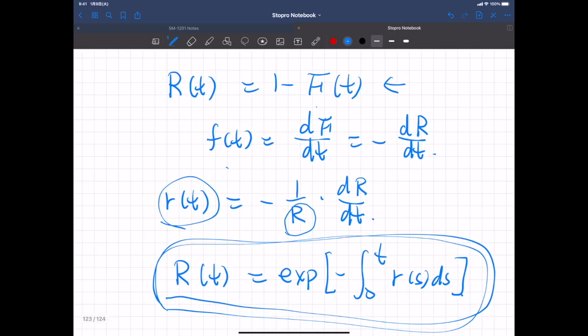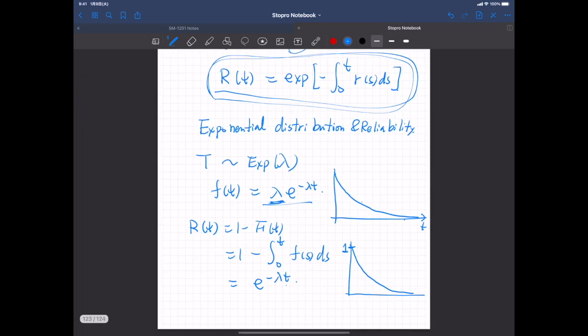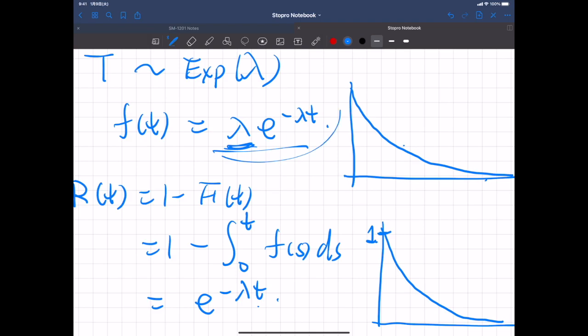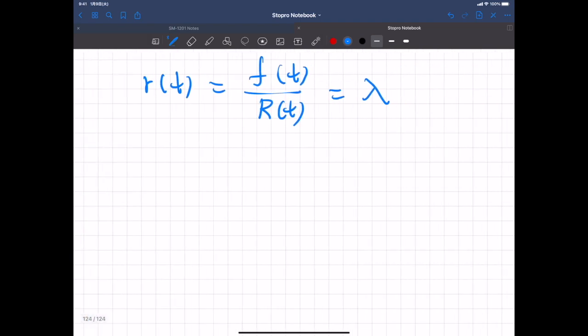So that's just this function divided by this function. So what's left is just a constant lambda. So that means in this assumption, where we have the exponential distribution for the time to failure, the failure function is a constant function.